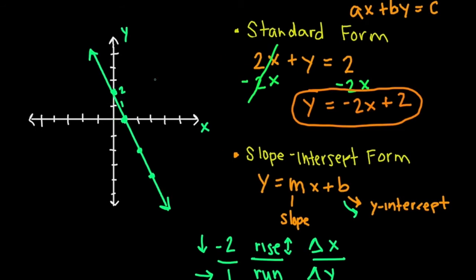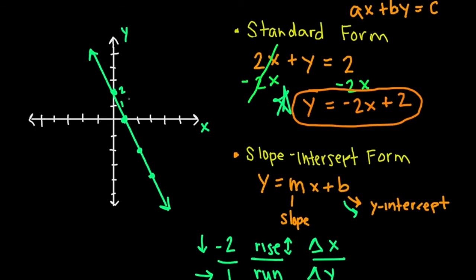So that is what that line means. A linear equation means it's a straight line, and any point on the line is a solution to this equation here that we have, y equals -2x plus 2.